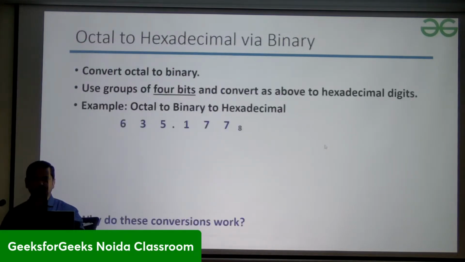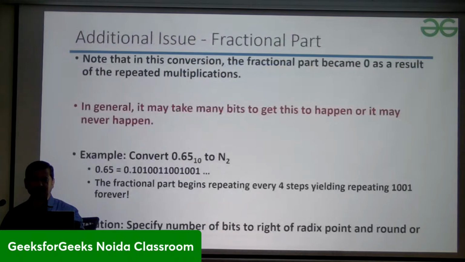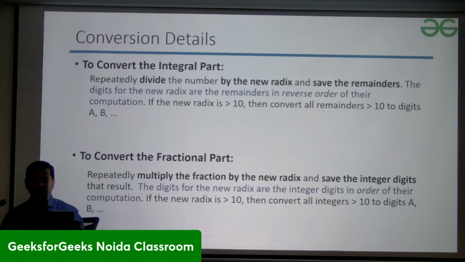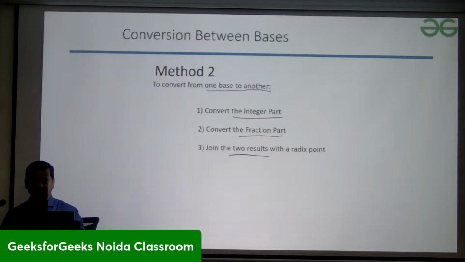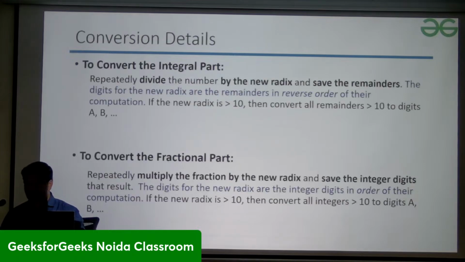So, yeah, come to this part. So convert the integral part simply by dividing by the required base. So whatever new base is required, divide the given number by that particular base, store the remainders, arrange them according to the order.